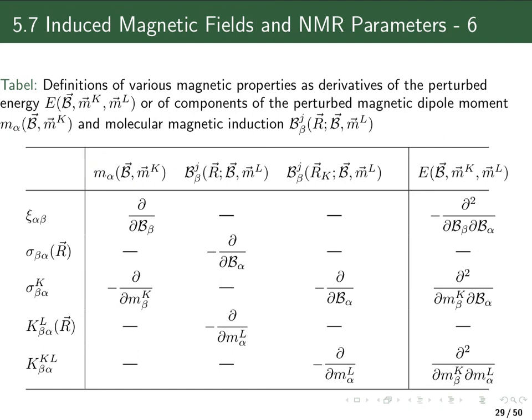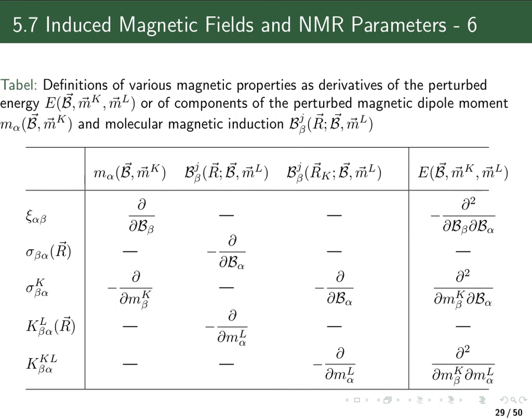It's the perturbed molecular magnetic moment, so the molecular magnetic moment in the presence of an external field and in the presence of nuclei with magnetic moments, where the magnetizability is the derivative with respect to a component of the external magnetic field, and the shielding constant of nucleus K is the derivative with respect to a component of the magnetic moments of this nucleus K.